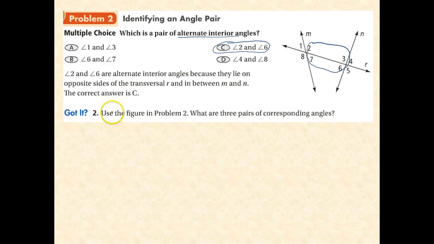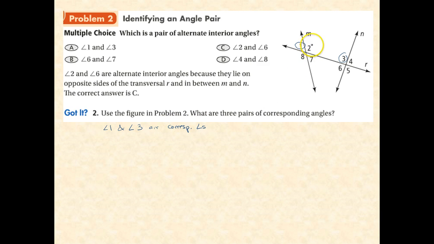Alright, so let's look at this figure and say, what are 3 pairs of corresponding angles? If I say top left and top left, I get angle 1 and angle 3 are corresponding angles.